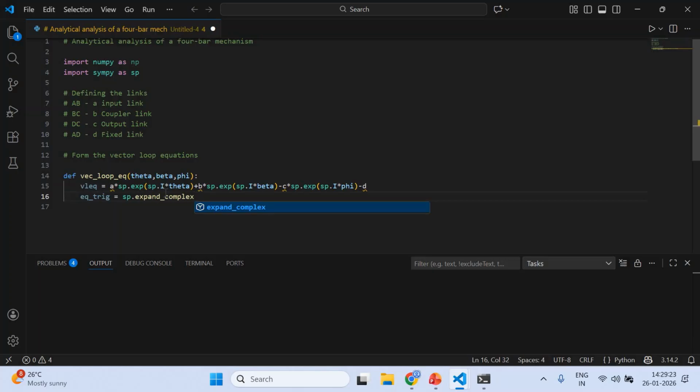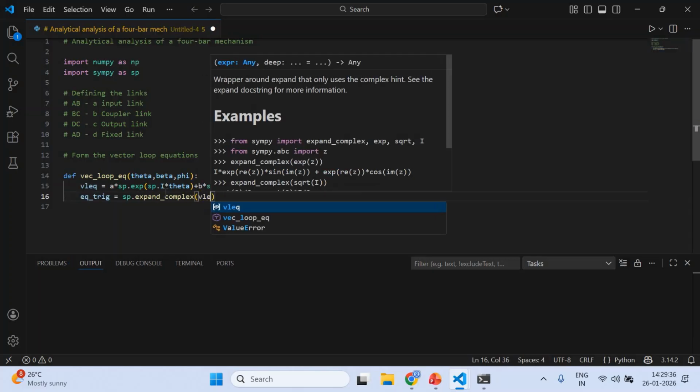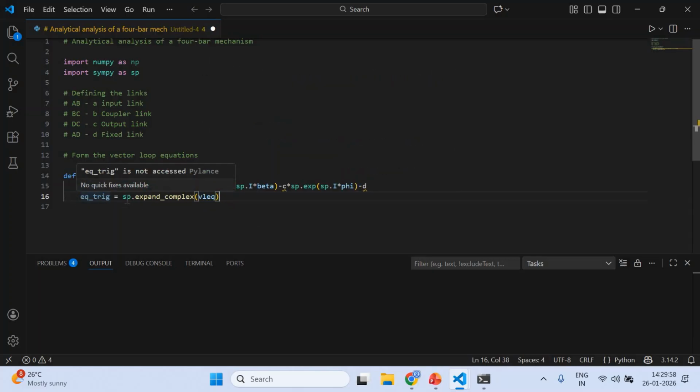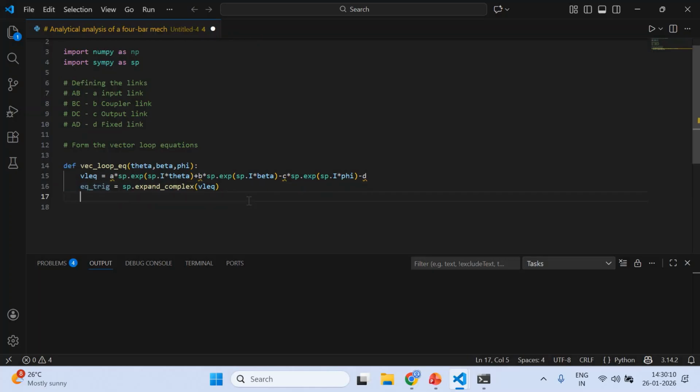Only thing, right now we are simply starting with the complex equation so that we can entirely automate this program to compute the velocities and accelerations. So here we have complex, then we have VLEQ. Now what this is going to do, sp.expand_complex, will simply expand this complex equation VLEQ into trigonometric form, right? So this is equation under trigonometric, that is sp.expand_complex, in the bracket you have VLEQ.